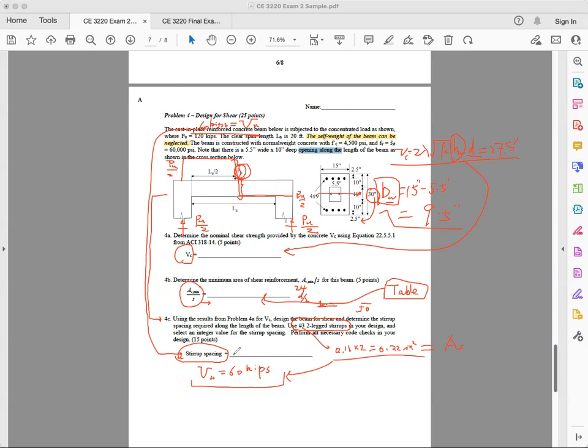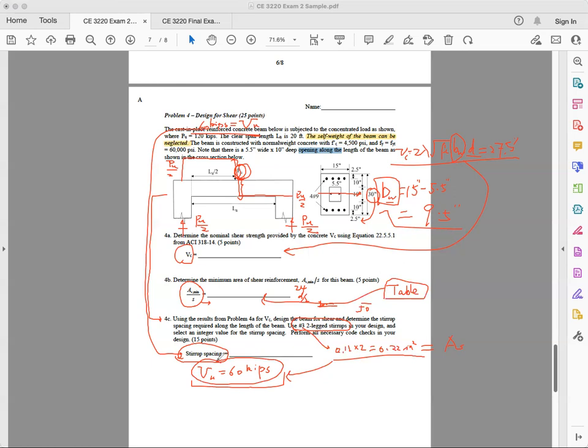Note that in the shear design lecture notes, and I know most of you haven't reviewed yet, but when you review the lecture notes on the shear design, make sure that you understand there are 2 types of shear design. One is to design for a specific Vu, like we're doing here in the exam. The other is to design for a varying Vu, meaning the shear diagram is not constant.